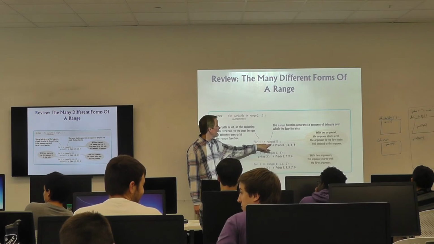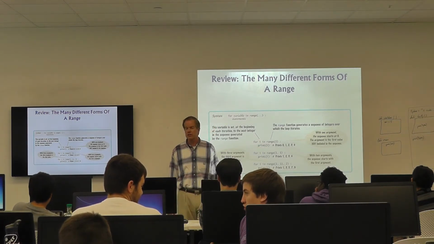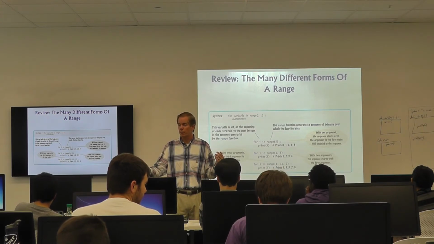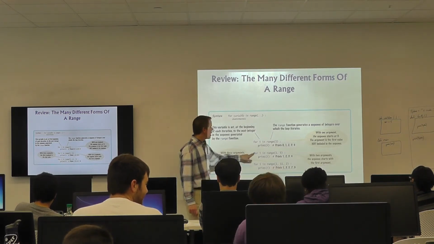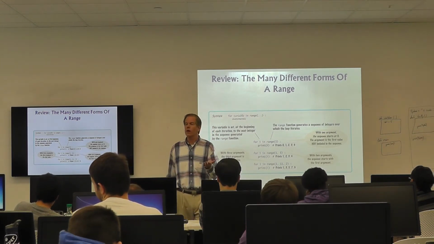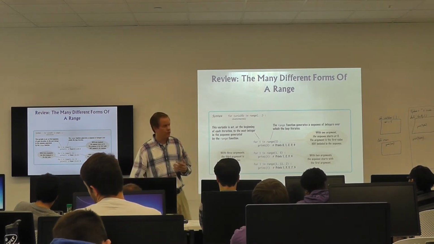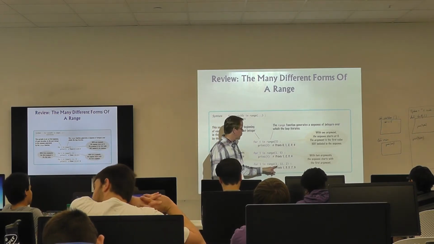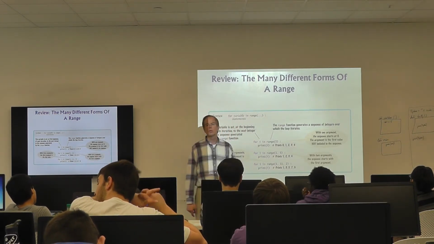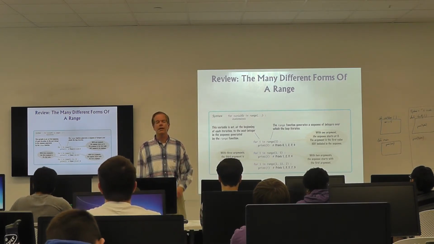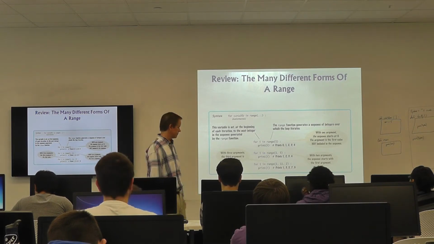For i in range(5), just a number, what it really means is 0 to that number minus 1, right? For i in range(1, the number), it will start at 1 and it will go to the number minus 1. And our third crazy example here is for i in range(1, 11, 2). It means we would go up to basically 10 in increments of 2.